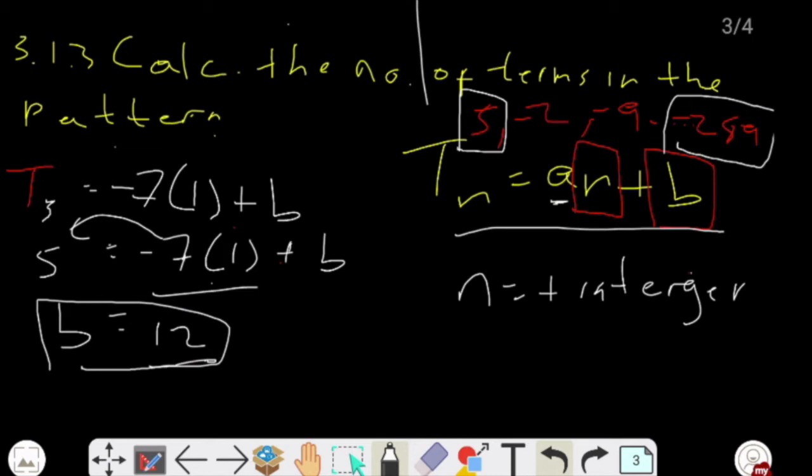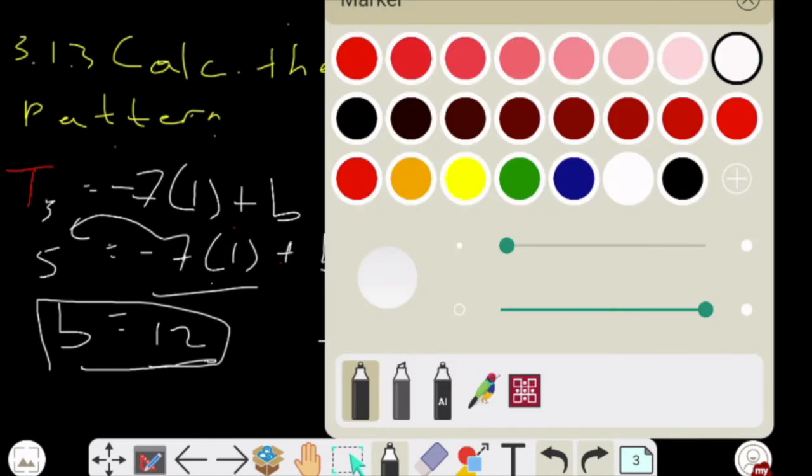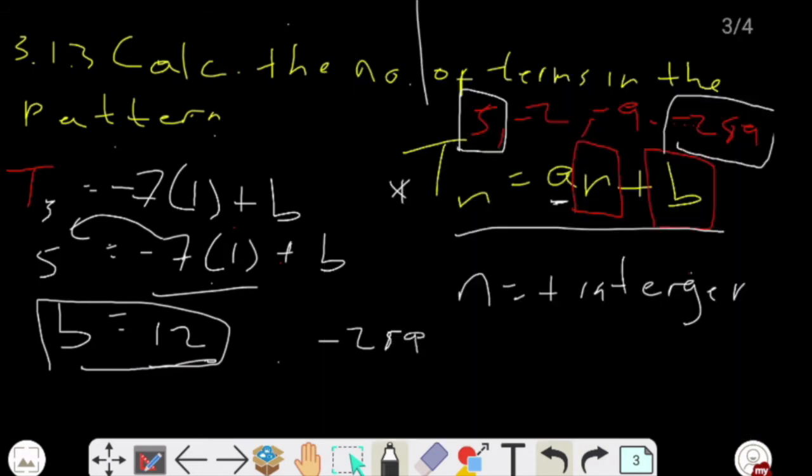The 289th term equals a, which is -7, times n, plus our b, which is 12.